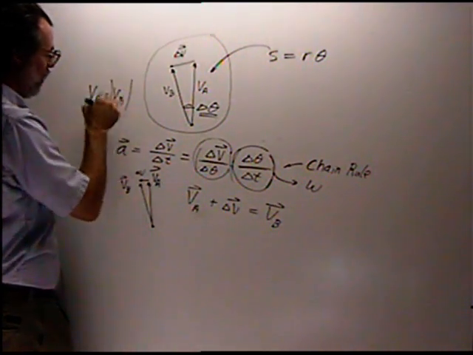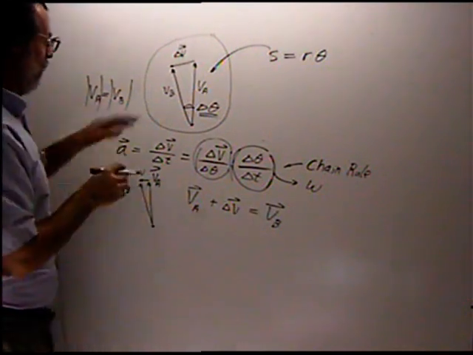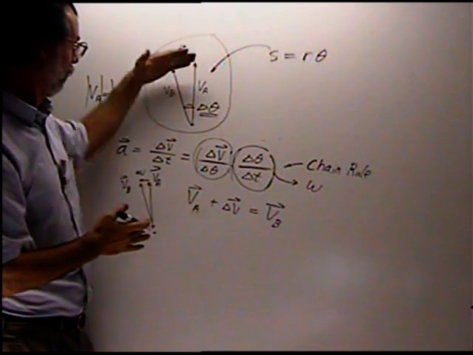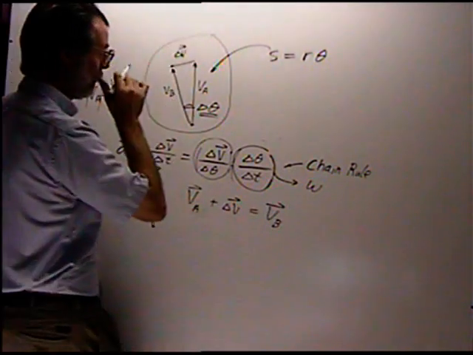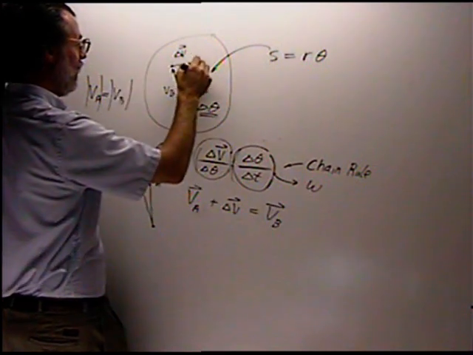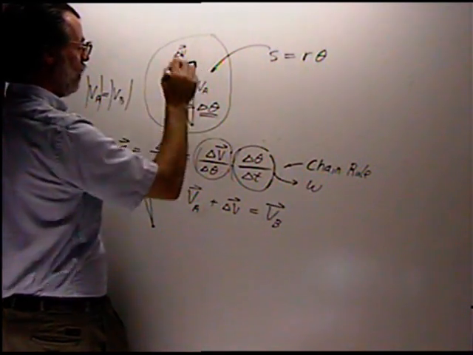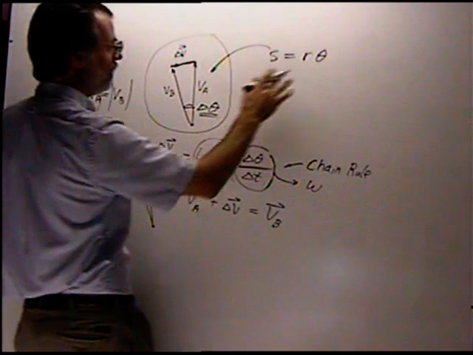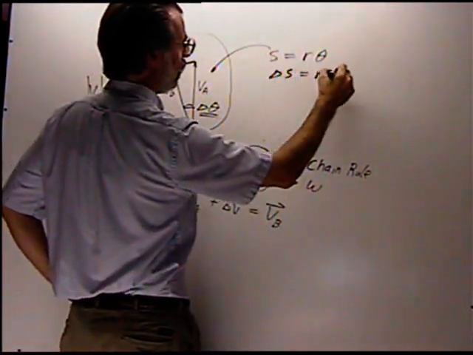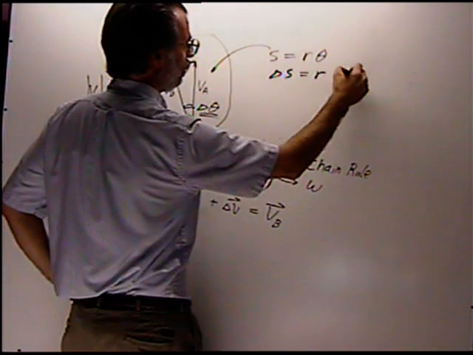The size of this is the same as the size of this, only the angle has changed. When this delta theta is quite small, we have delta S equals R delta theta.